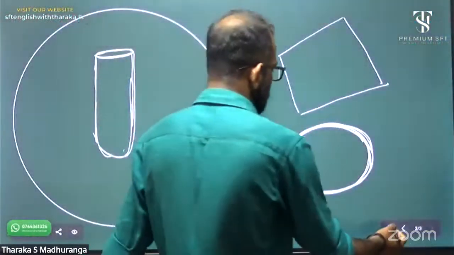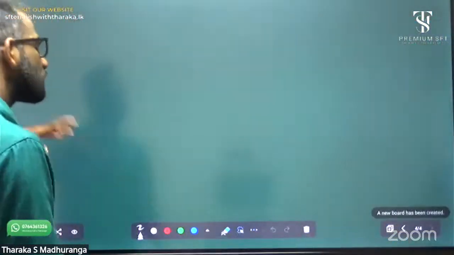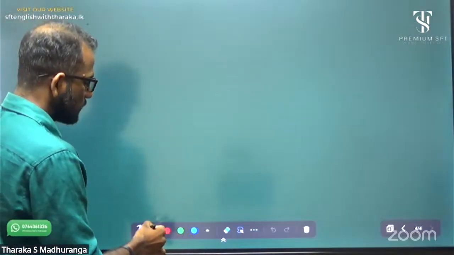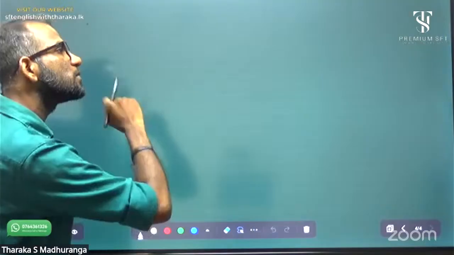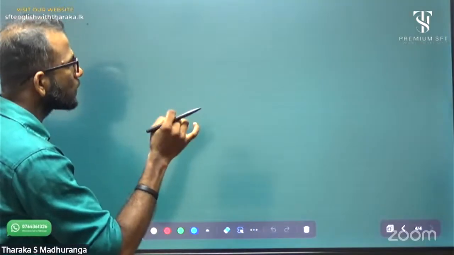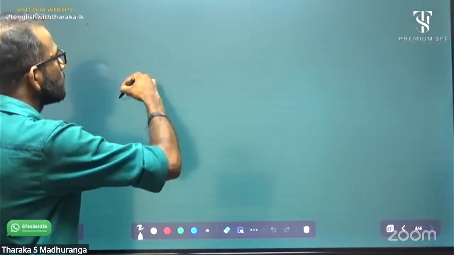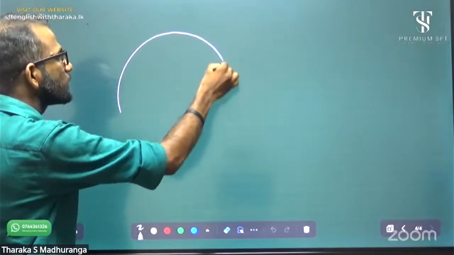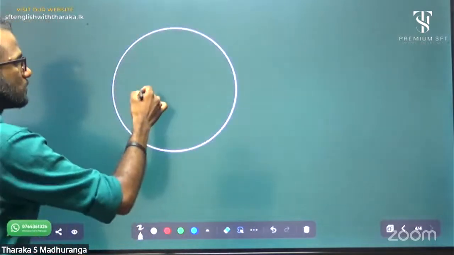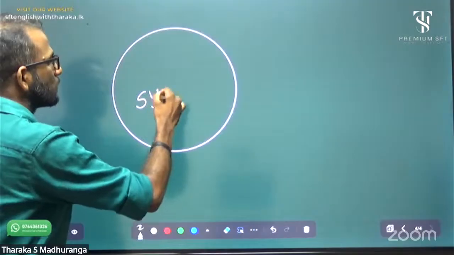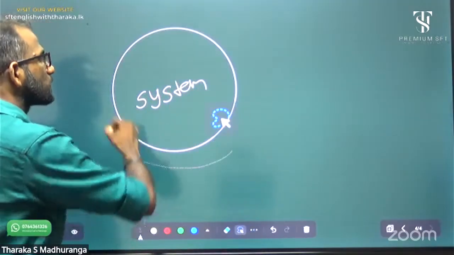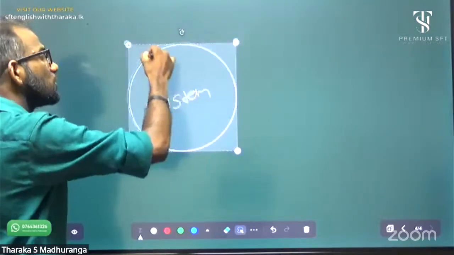Now you can draw clearly the meaning of system, surrounding, and boundary. This is a selected area, a system.